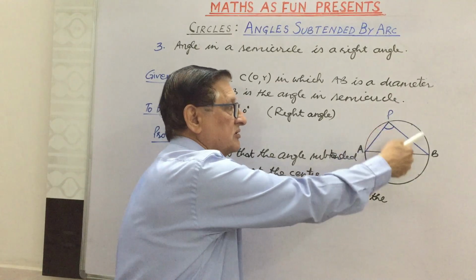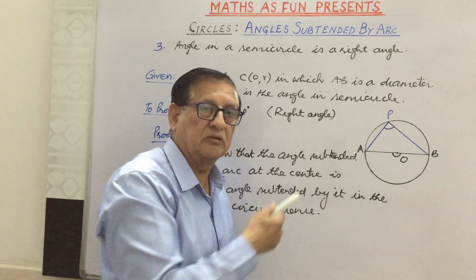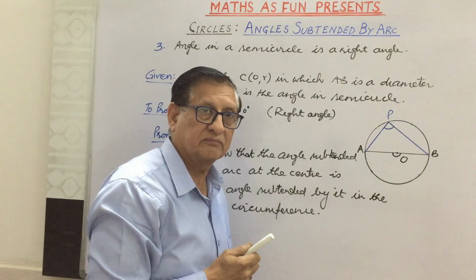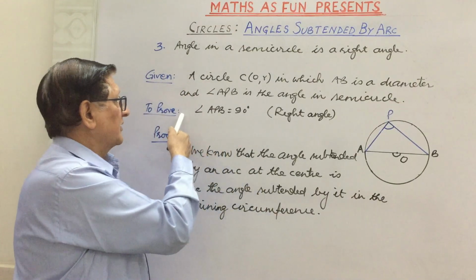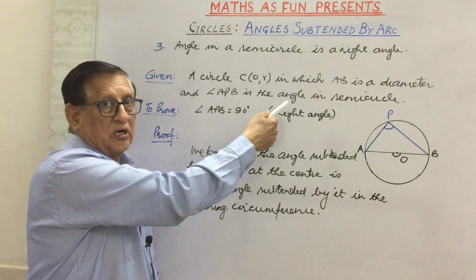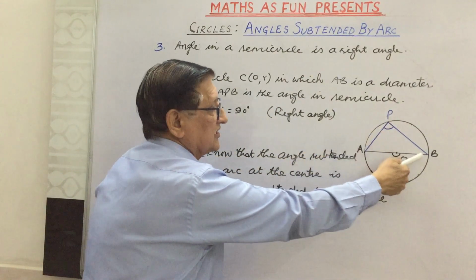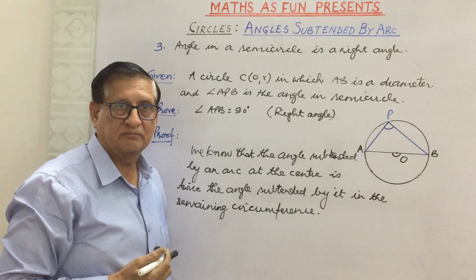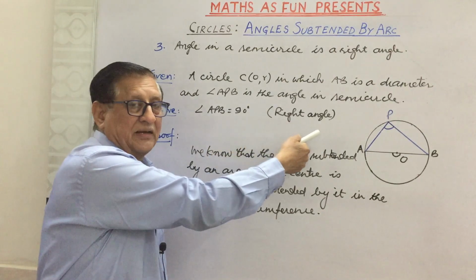So this is a semicircle and angle APB is the angle in the semicircle at any point P. So what we write given? Given is a circle with center O in which AB is a diameter and angle APB is the angle in the semicircle. To prove that angle APB is 90 degrees, or we say right angle.